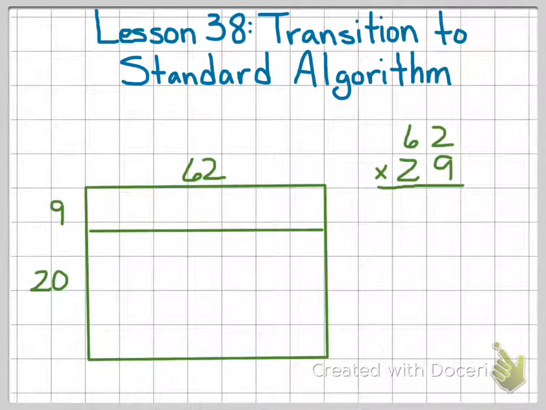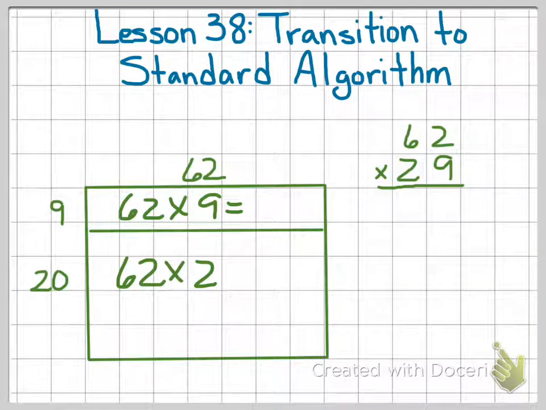All right, in this problem we have 62 times 29, and the same thing, we're going to look at 62 times 9 in the upper rectangle, and then 62 times 20 in the lower rectangle.